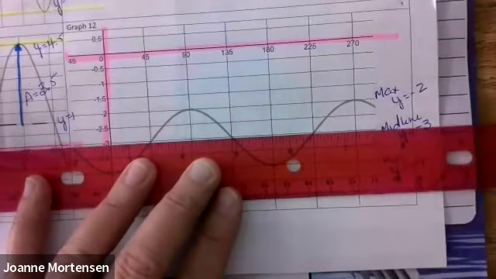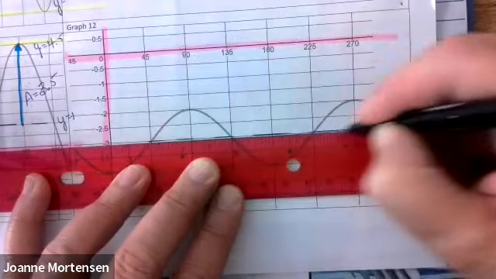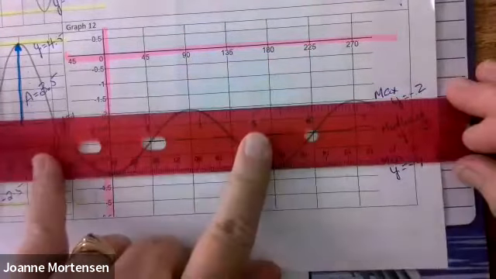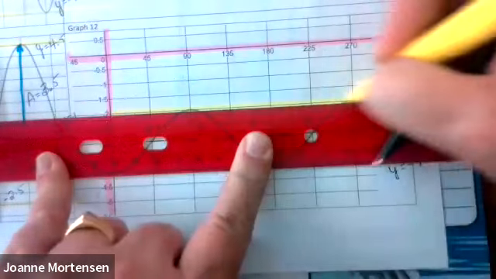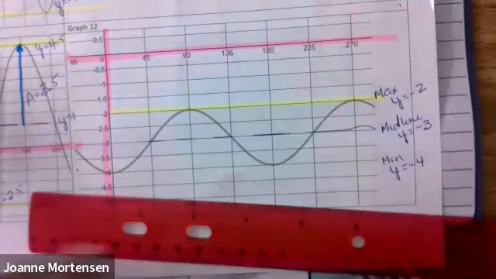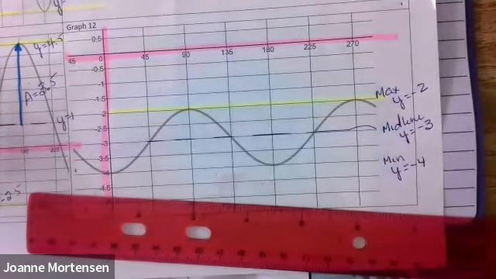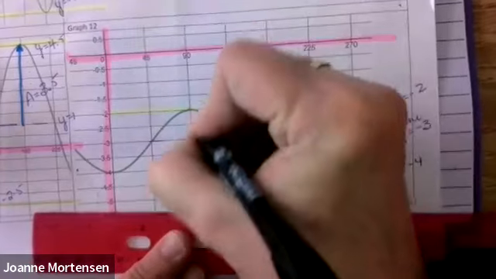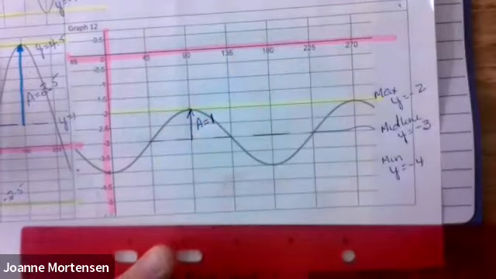Yeah, you got to be careful. So here's my middle. And there's my max. It's 2 boxes, but those two boxes represent how much? They're half each. So from here to here, or from 3 to -2. So amplitude is equal to 1.